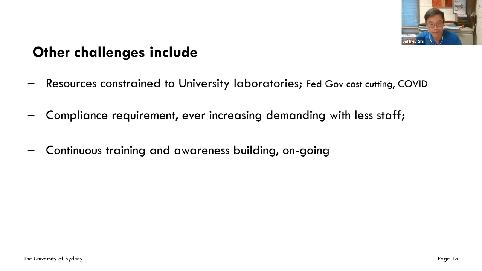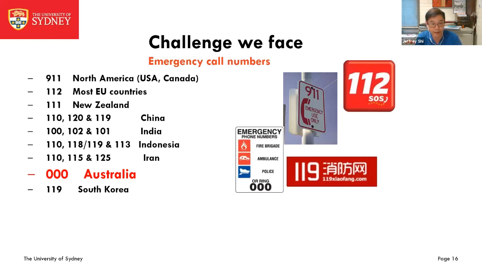Just to give an example of different backgrounds, take the emergency call number. Here in Australia, we know 000, but this number differs very much across the world. Imagine you're from India. Obviously, you are not thinking of 000 as the emergency number.